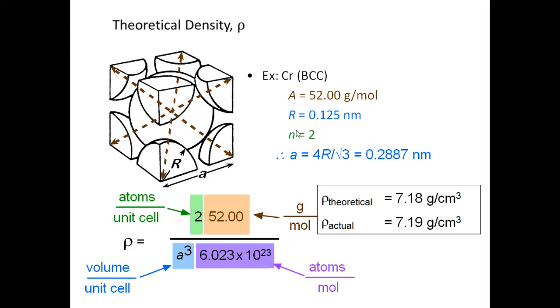So therefore you calculate your a. You've been given R. Like I said, in the exam you may be given R, your radius. So you simply put it in this formula and you get your length a, which you can easily calculate. So you have your atoms per unit cell, 2, times 52 grams per mole there, over the volume per unit cell.